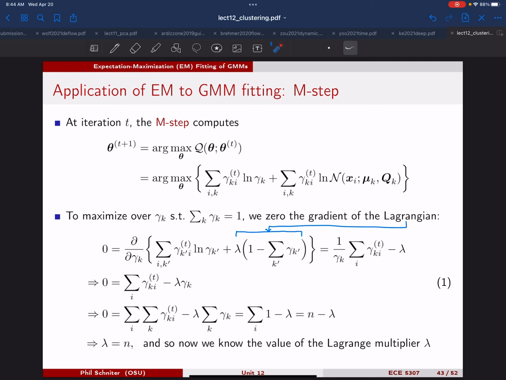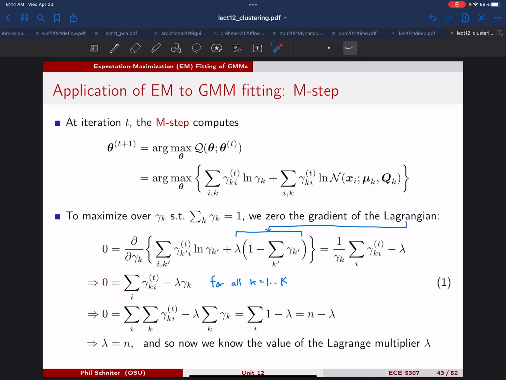Okay, so we know that this term must equal 0. So let's rearrange things a little bit. 0 equals this. And this is true for all k between 1 and capital K. So if that's true for all k, then I can actually sum this over k, and it's still going to be equal to 0, right?